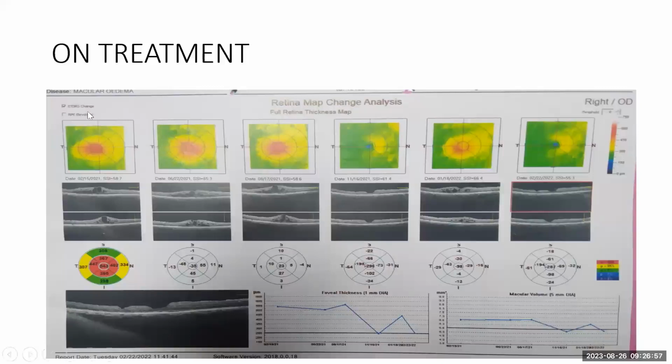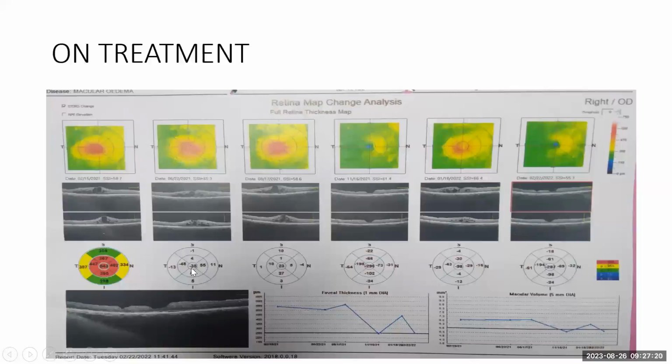So for this patient, if you look closely, you see the dates of the scan. This is 15th of February 2021. The foveal thickness here was 543. This patient got anti-VEGF, and by the next time he was seen, the foveal thickness had reduced.